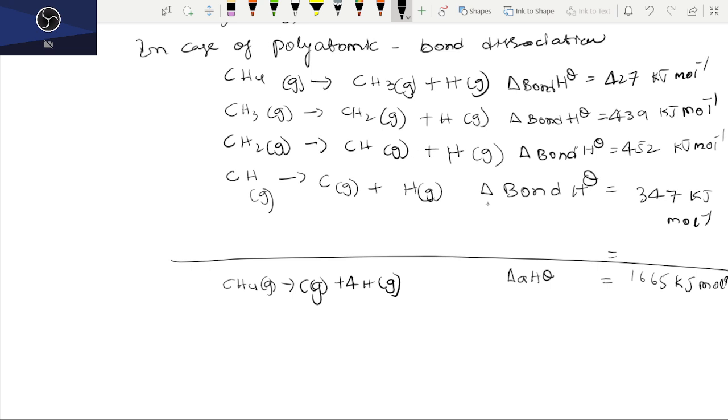Now the point is delta rH power naught equal to sigma delta bond H power naught. Here I am taking reactants minus sigma delta bond H power naught, and here I am getting products. Okay. What will be the best example for this?